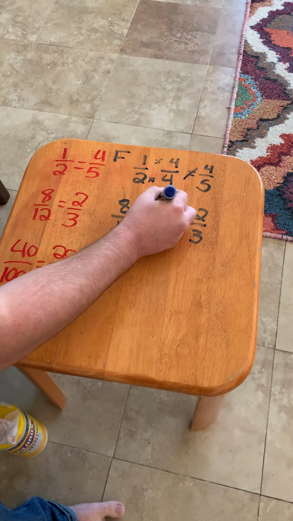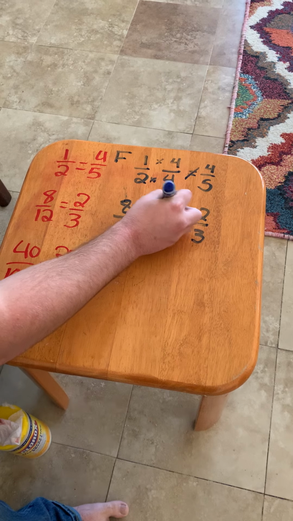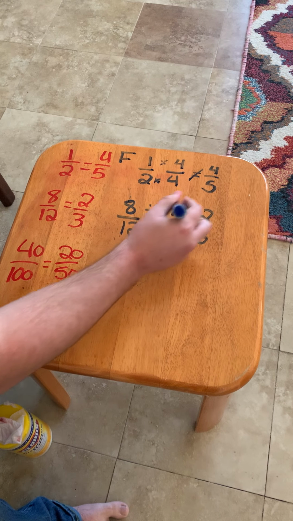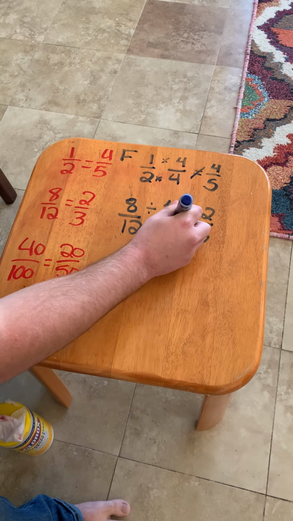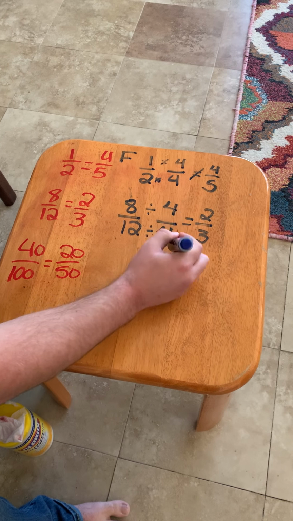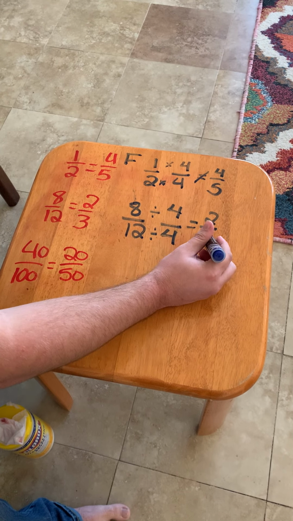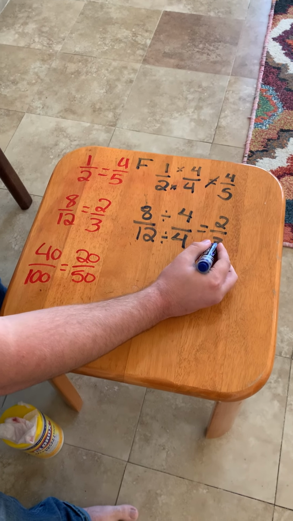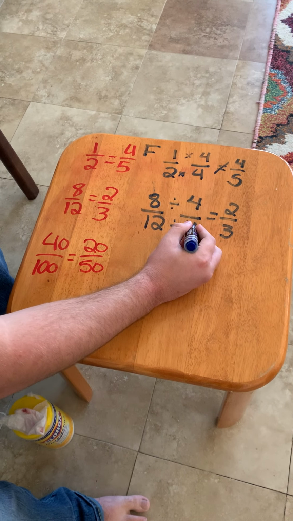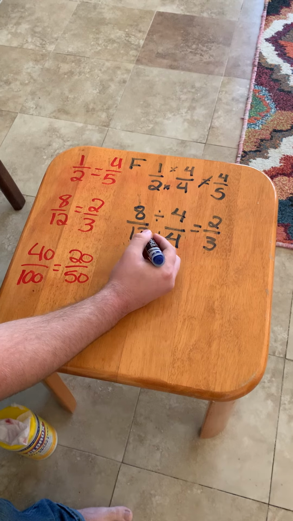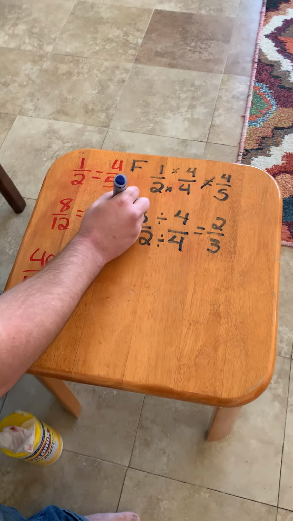Well, I know 2 times 4 equals 8, so I know that 8 divided by 4 would equal 2. Let's see if this is the same on the bottom. 12 divided by 4 is 3. Again, you can think of it as backwards multiplication. So 3 times 4 does equal 12. 4, 8, 12. This one is true.